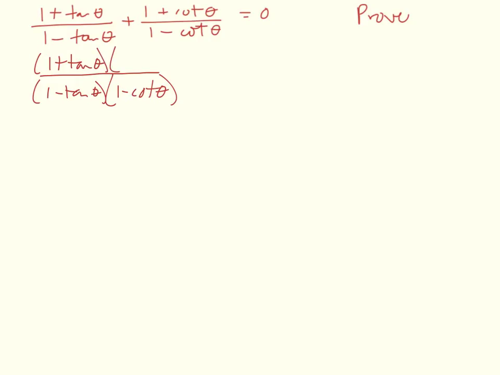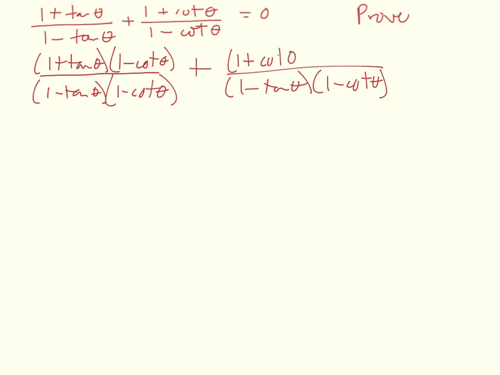And so I need to also include a 1 minus cotan theta. Plus, this one has to have that same denominator, 1 minus tan theta and 1 minus cotan theta. The top already has 1 plus cot theta, and so it doesn't have this piece, the 1 minus tan, so that has to go up top. So 1 minus tan theta.